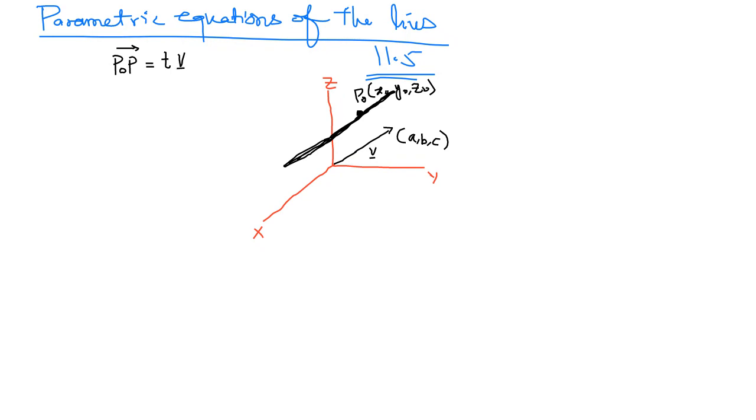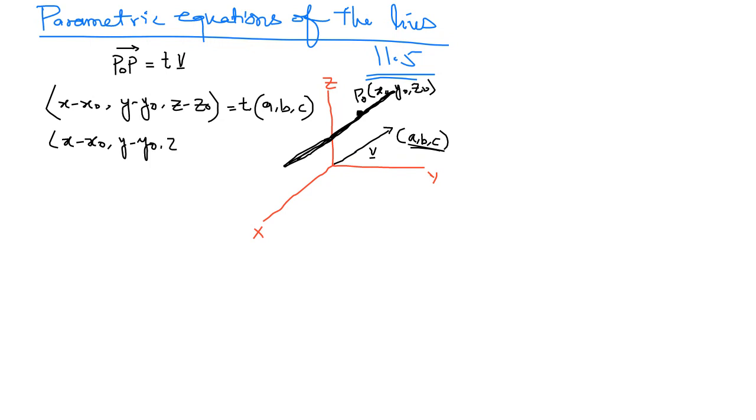P naught P vector is equal to x minus x naught, y minus y naught, z minus z naught, which is equal to t times vector v, which has the components a, b, and c. So x minus x naught, y minus y naught, z minus z naught is equal to ta, tb, tc.